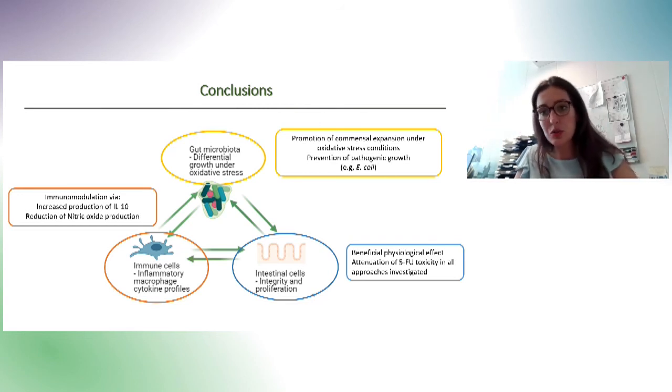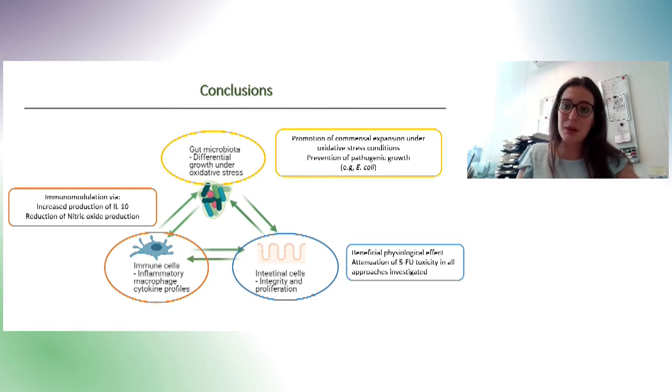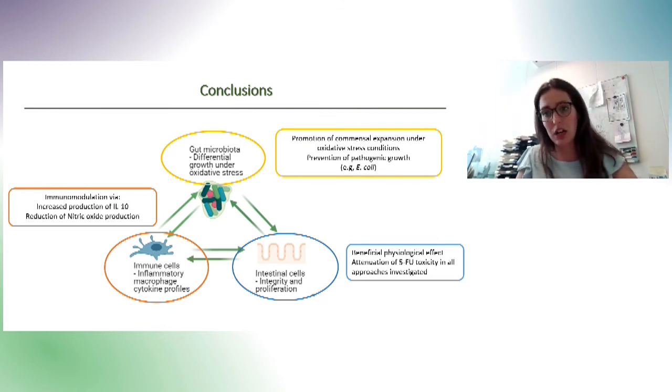Taking all this into account, we of course still have to perform more experiments, and we have future experiments planned for this work. Our main aim here is to develop a next generation probiotic using perhaps Blautia that can attenuate mucositis.